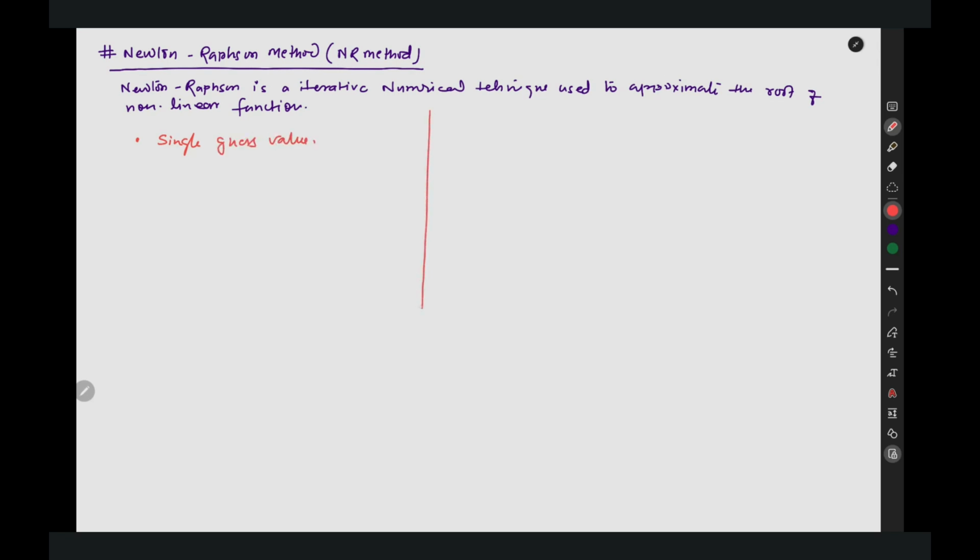Now we will draw a graph. Suppose that this is a function. The initial guess we have is x0. Then the function value will be f of x0. On the graph of f(x), first of all, we draw a tangent. Now this tangent cuts the x-axis here. This is our first guess, x1.